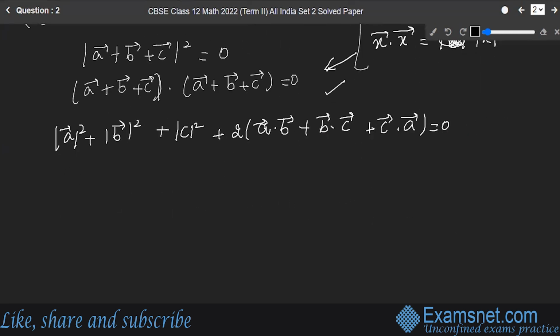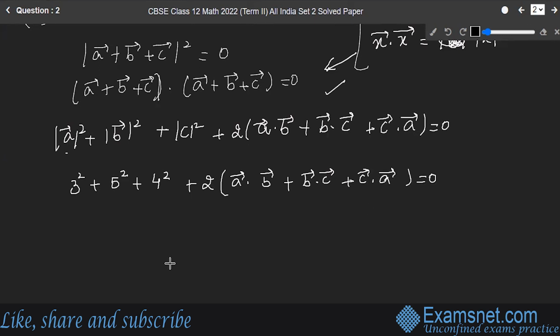And you are given that the magnitude of A is equal to 3. So 3 square, 5 square, and 4 square plus 2 into A dot B, B dot C, C dot A is equal to 0. This is 9 plus 25, that's 34, and 34 plus 16, that's 50.